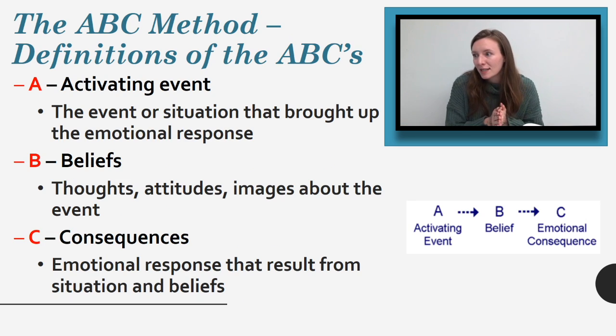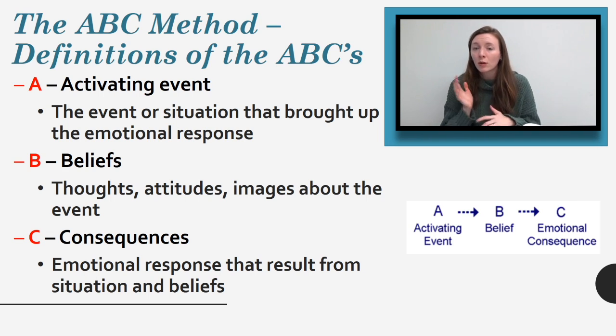So the ABCs, let me define those for you. The A is the activating event, the event or situation that brought up the emotional response. These are just the facts of what happened: the who, what, when, where. Then B, the beliefs, is what you're thinking about the situation.